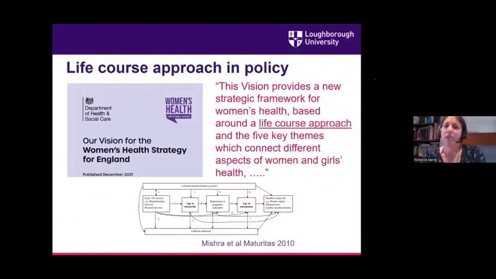And just to show that a life course approach is really being thought about in terms of policy, it's really exciting that the new government's vision for a women's health strategy for England, which just came out at the end of last year, specifically talks about a vision based around a life course approach and around 5 key themes which connect different aspects of women's and girls' health across the life course.